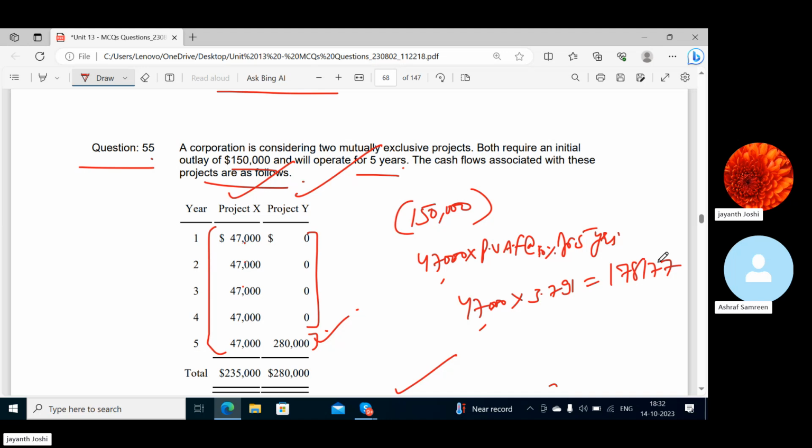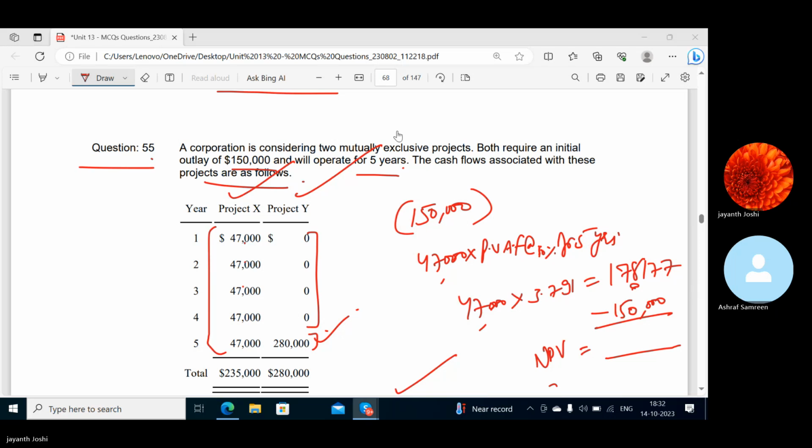This is the present value of cash inflows. We deduct the outflow. Tell me the NPV here. 28,177.